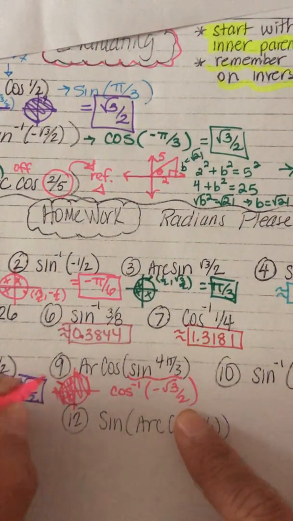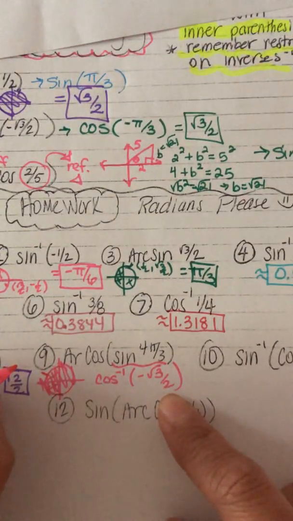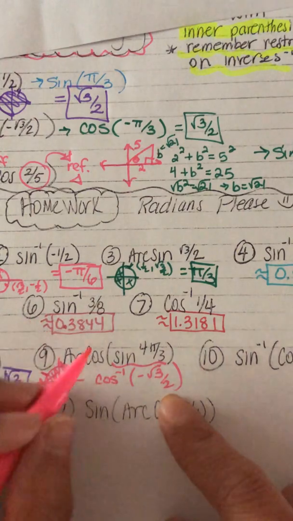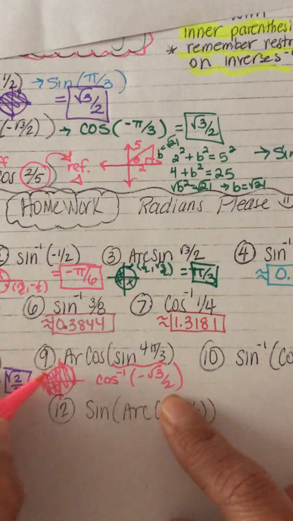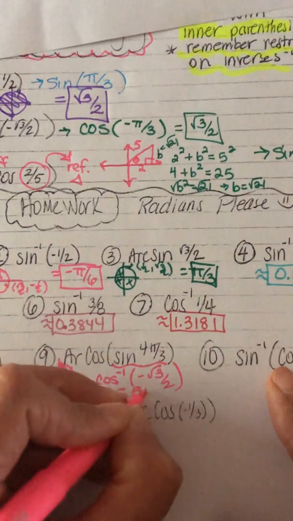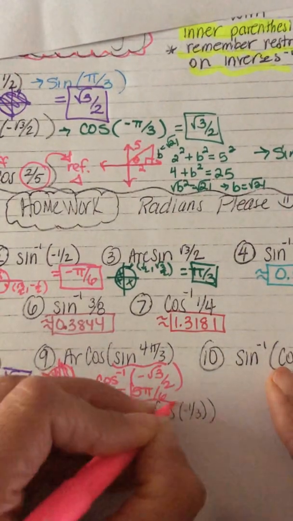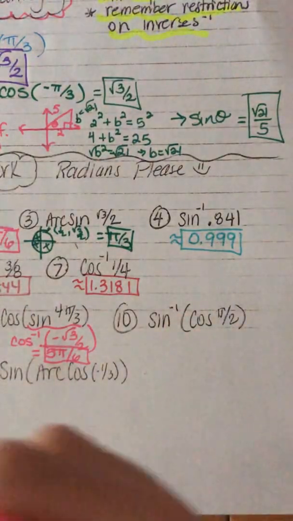When x is negative square root of 3 over 2, what angle would this be? It would be 2 pi over 3, 3 pi over 4, 5 pi over 6. Because remember, cosine inverse goes from 0 to pi. Hopefully that wasn't confusing.